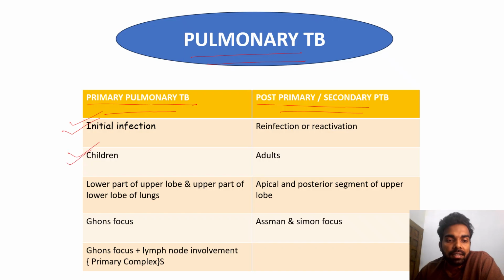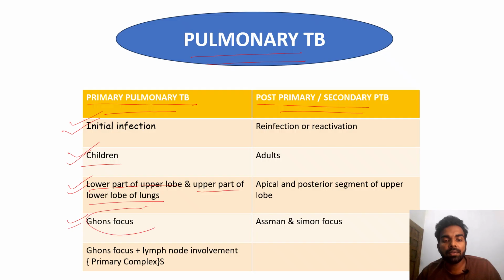Mostly it affects children, and it affects the lower part of the upper lobe or the upper part of the lower lobe of the lungs. The infected focus is called Ghon's focus. If the Ghon focus along with the lymph nodes gets affected, it's called a primary complex.